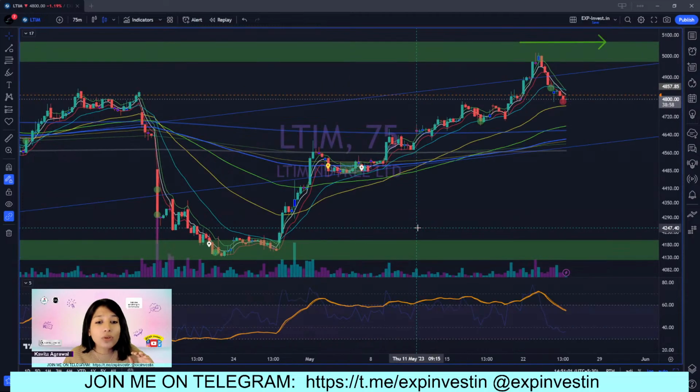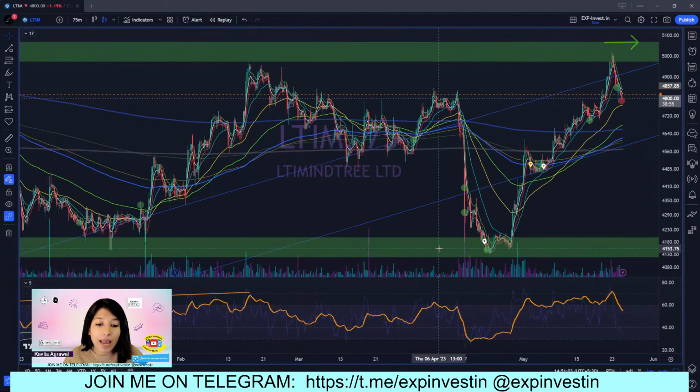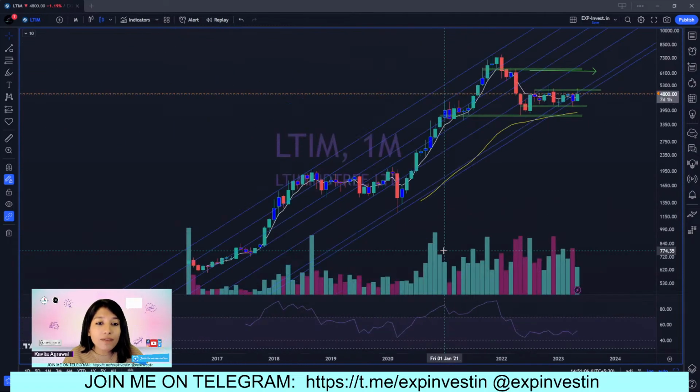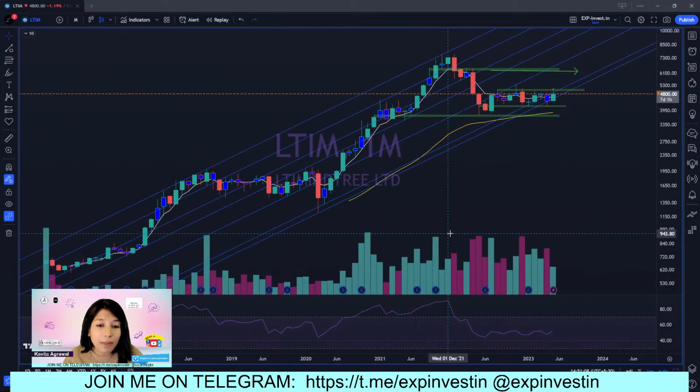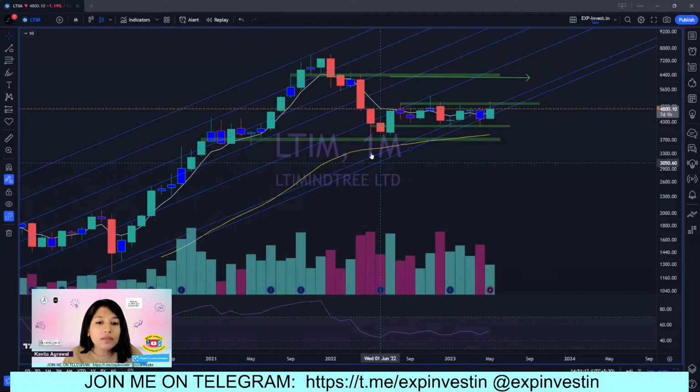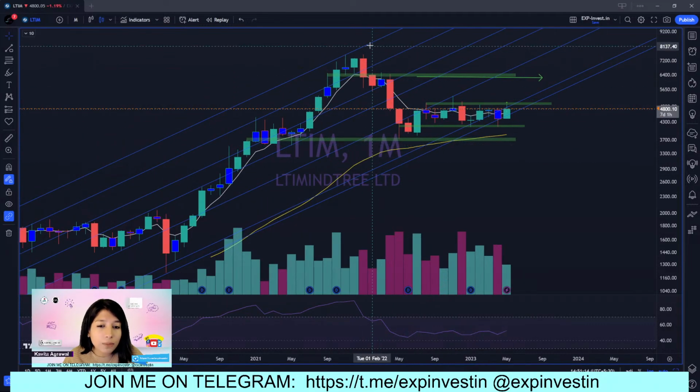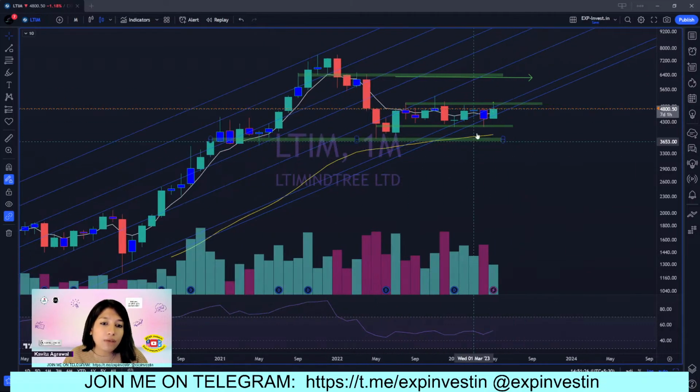Now, how does the concept of eclipsing come in handy in this? Once I have looked at the monthly time frame, it becomes very evident that the price action of the stock LTIM has fallen significantly and come close to a very important support trend line. This support trend line is also very important because, of all the trend lines that we have drawn, this is basically the lowermost trend line.